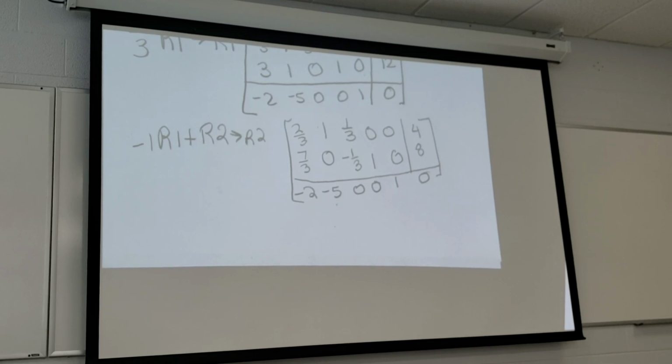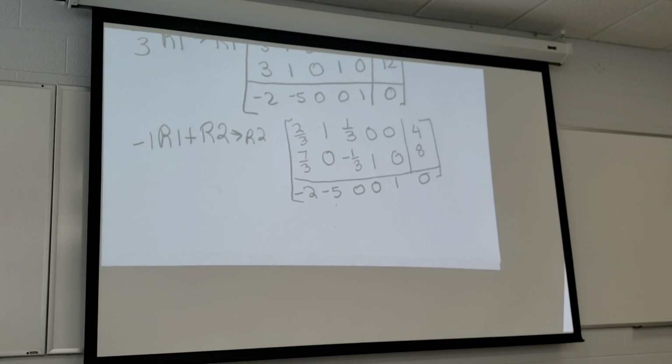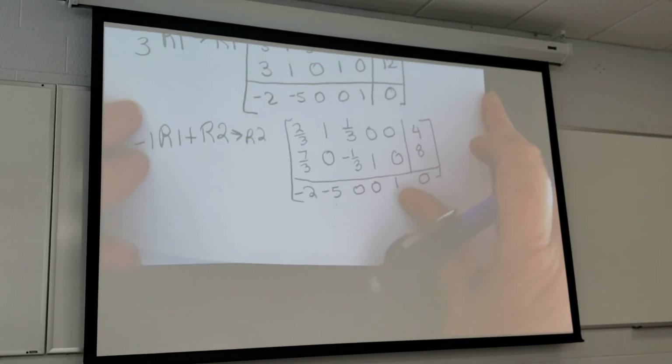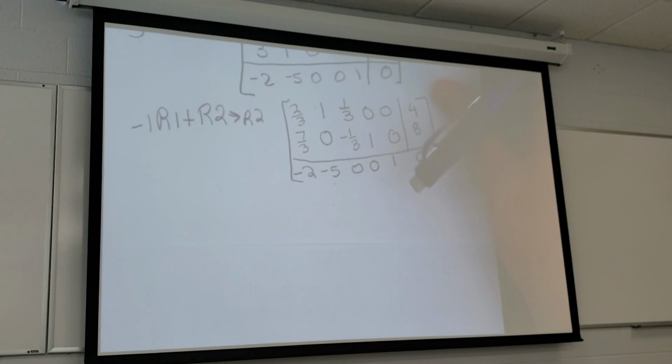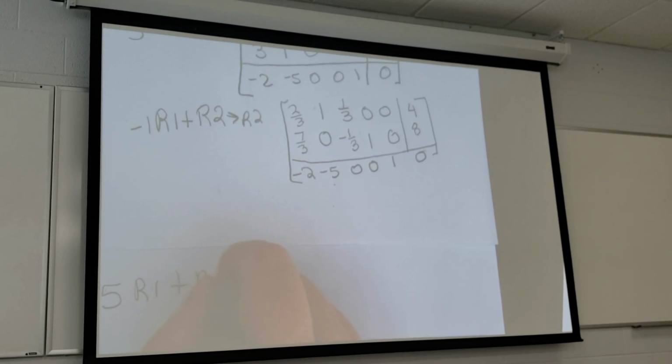So I'm gonna multiply everything in row 1 by 5 and add it to row 3. So it is 5 times row 1 plus row 3 gives me a new row 3.